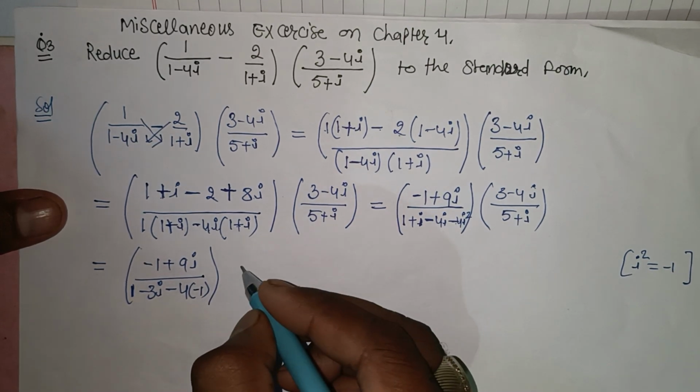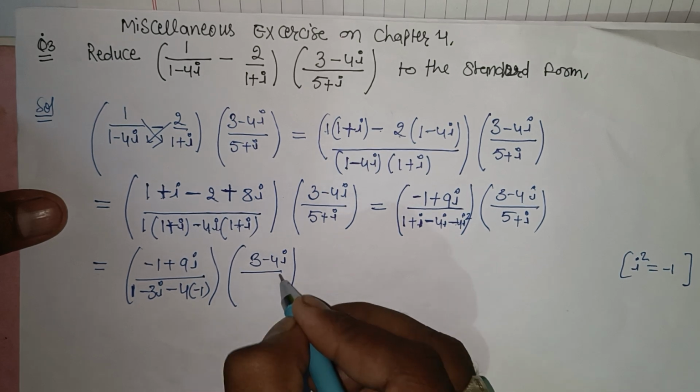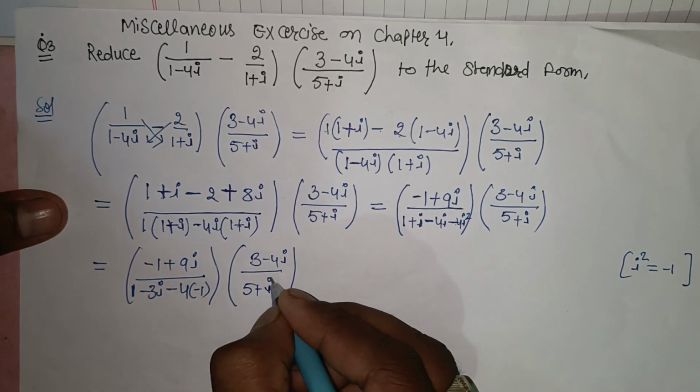Now the remaining term is 3 minus 4 iota upon 5 plus iota.